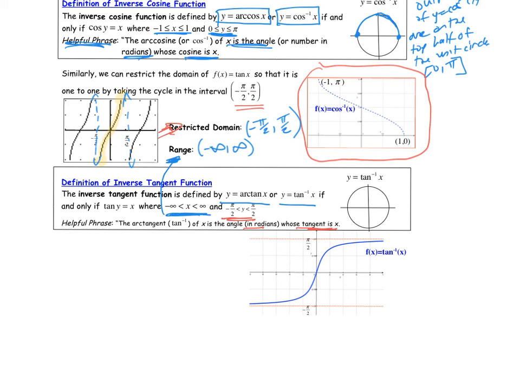It's one singular value. And I'm going to draw this just like I did for the other ones. This is where the outputs are. Outputs for tangent inverse of x are angles in the interval from negative pi over 2 to positive pi over 2, where the endpoints are not included. And at the bottom of the page, I've sketched what tangent inverse of x looks like, just so you can see it.